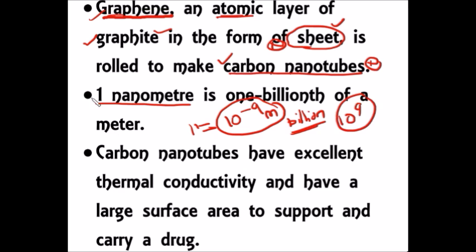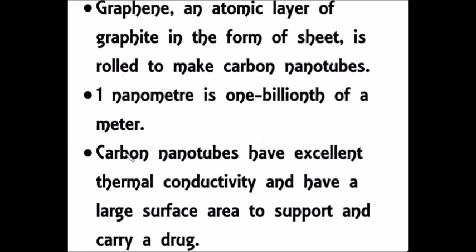Carbon nanotubes have excellent thermal conductivity. They can conduct heat excellently, and also have a large surface area. That is the reason IIT Madras scientists used carbon nanotubes as a drug and injected them into the body and used an infrared wavelength to heat the chemical, and the chemical is absorbed into the tumor cell, and the tumor cell got destroyed because of the heat produced from the infrared wavelength.